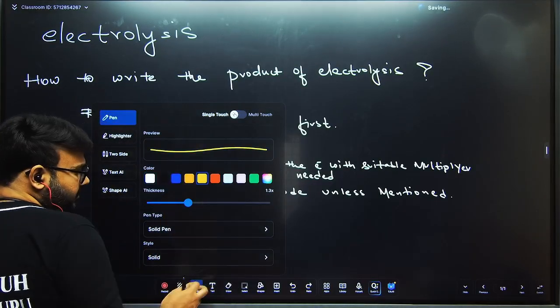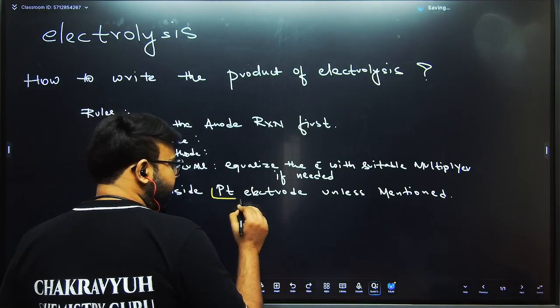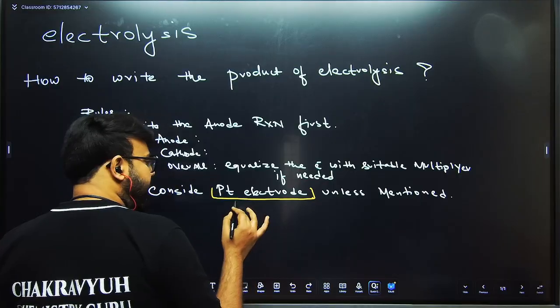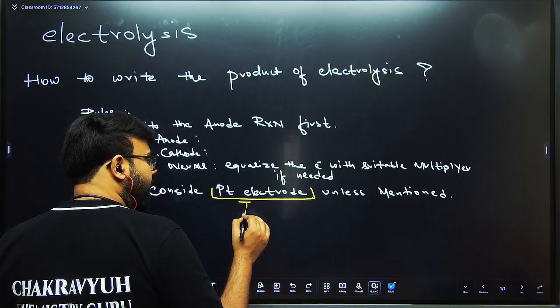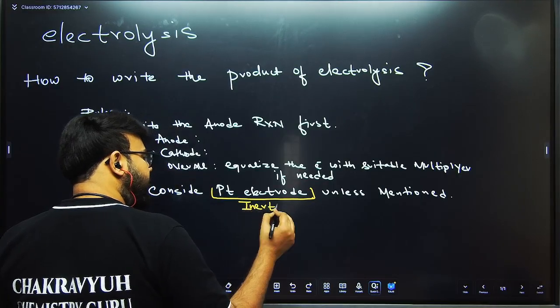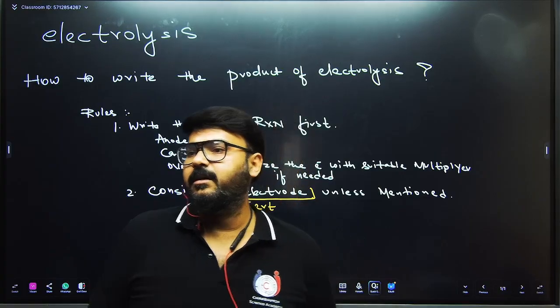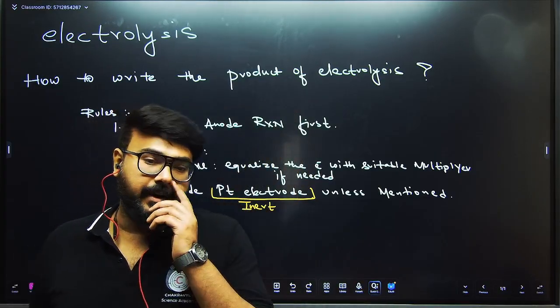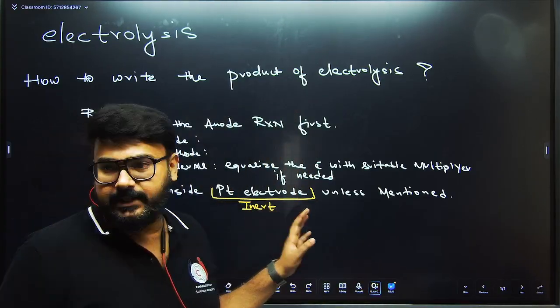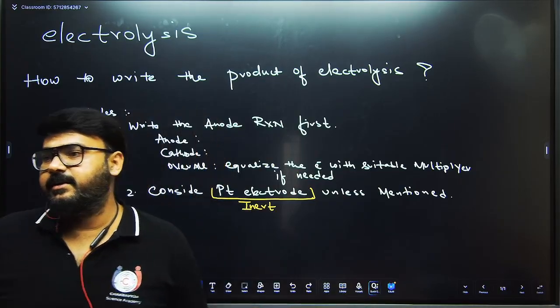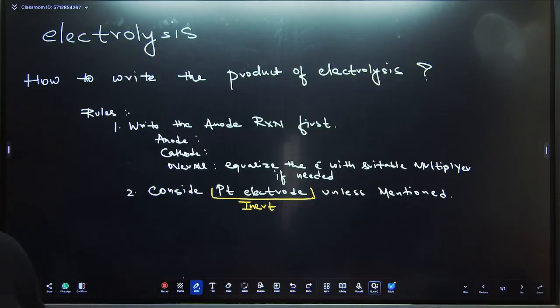And remember, why are we using platinum electrode by default? Because platinum electrode is inert. Inert means it doesn't interfere with the reaction. In simple words, platinum minds its own business. All right, it doesn't interfere.